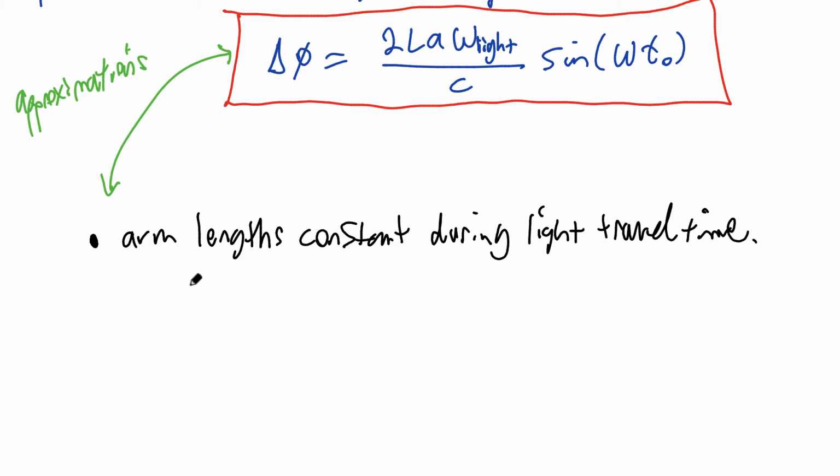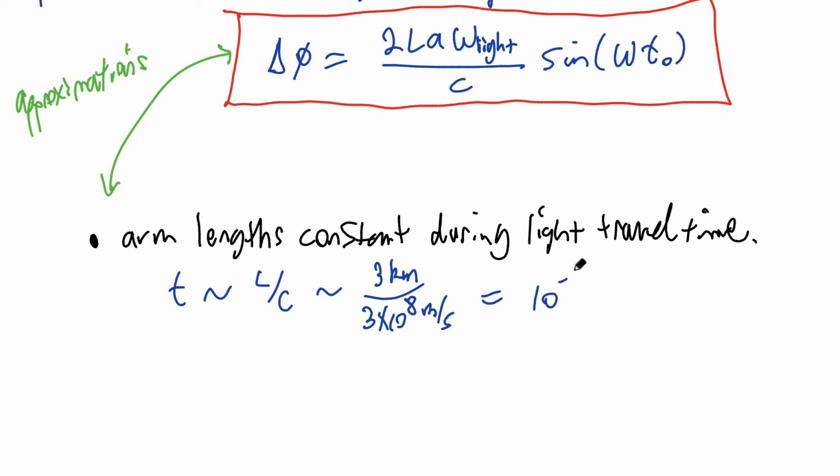If you consider the light travel time, it's on the order of L over c, the length of the arm divided by the speed of light. And for the ground-based detectors, that's 3 or 4 kilometers divided by the speed of light, which is 3 times 10 to the 8th meters per second. And that is on the order of 10 to the minus 5 seconds.